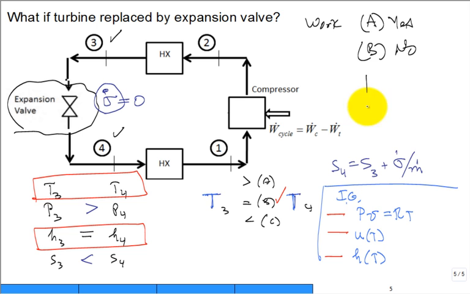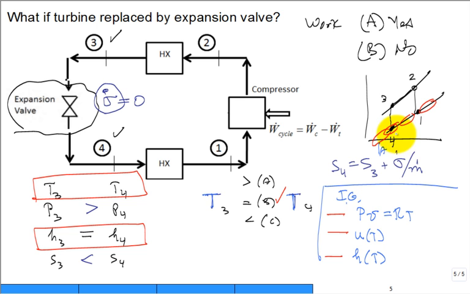But you put it on a property diagram. This is a high pressure to low pressure. State 1 to 2, it's going to be a perfect compressor. Let's not change that. Let's cool it off down to state 3. And now if it would have been a perfect turbine, that's where 4 would have been. But where now is state 4? Is it going to be somewhere in here, somewhere in here, somewhere in here, or somewhere in here?